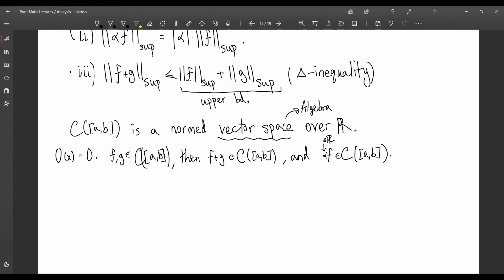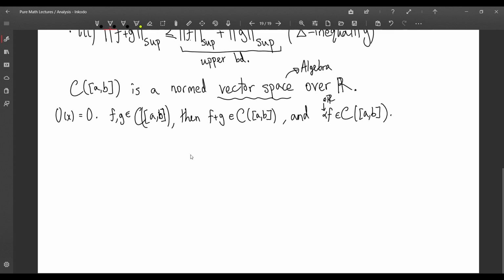This is nothing new. We can simply state it in this one sentence, right? That C of AB is a, well, the normed vector space part. So this is just saying that it's a vector space. So vector space, and then there's other additional properties, like addition is commutative, and so on, right?